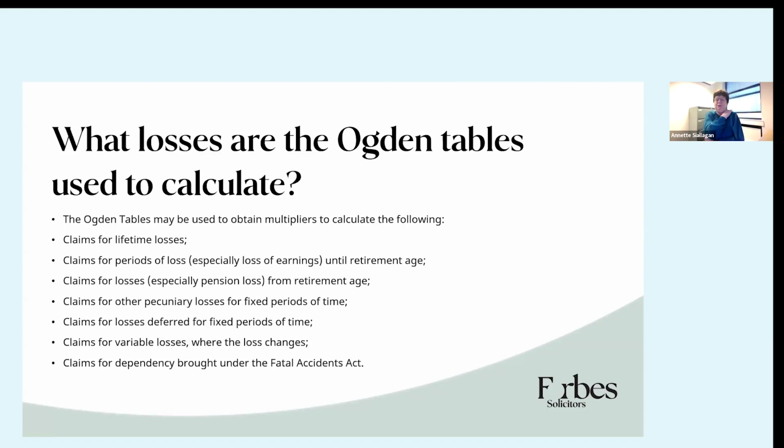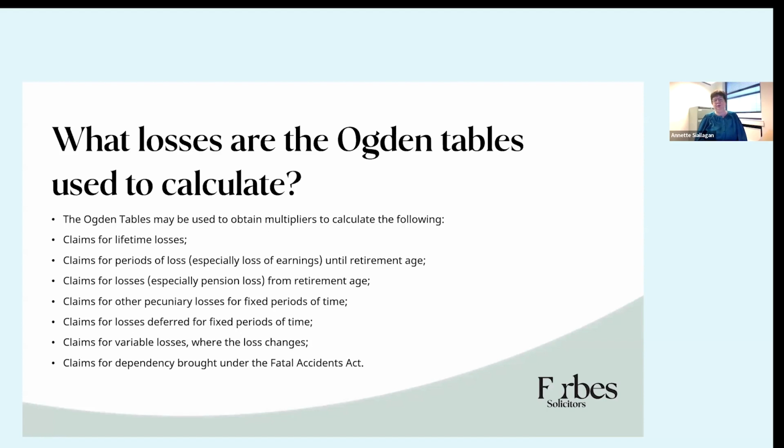So, for example, you've got someone who in 10 years' time will require a hip replacement costing £10,000. So you can use tables 35 and 36 to calculate losses where there are fixed periods. I'll go over the tables in more detail as we come through them.